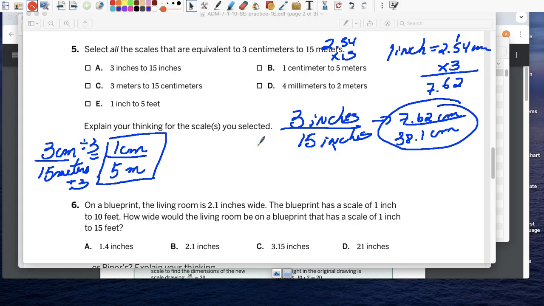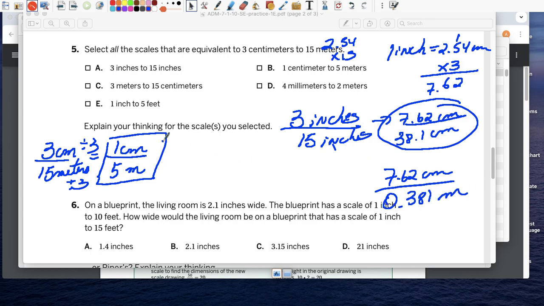Oh my God. I refuse to believe it. So 7.62 centimeters, that's okay. 38.1 centimeters, not even 1 meter. Okay, it's 0.381 of a meter.